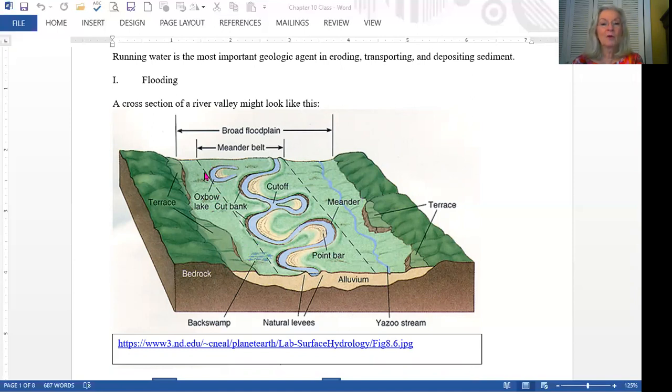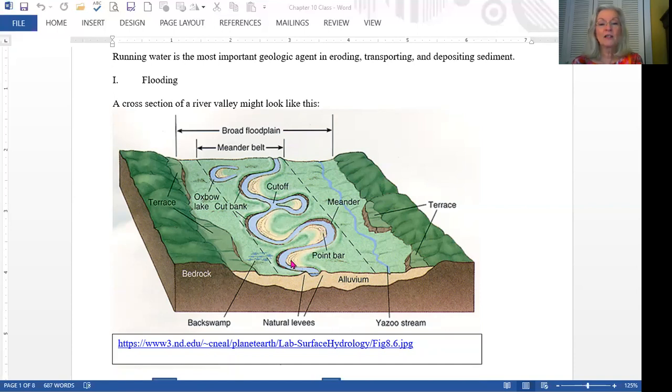You have an oxbow lake. We'll talk about them in a little more detail. I know, well, they do have it labeled. They have a point bar deposit right here. There's another one there.